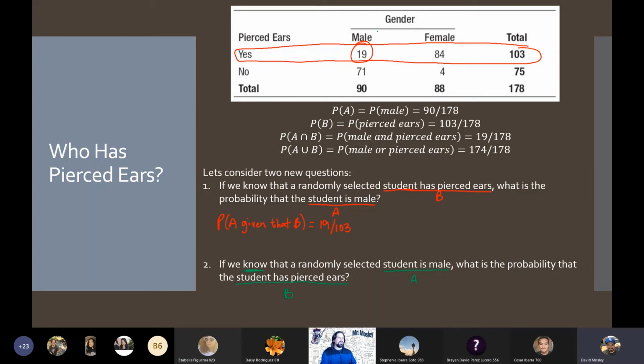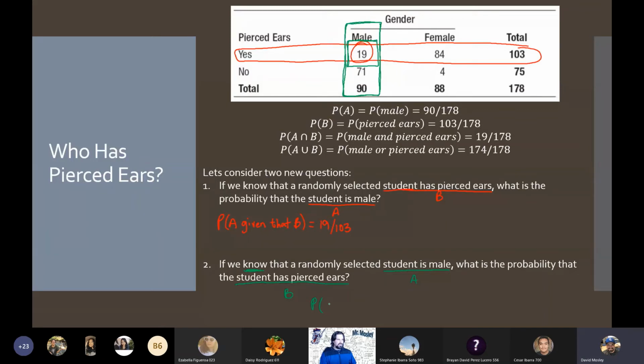Right? So that means this time I only have to consider this column of data, the male column of data. That's my start point. I know the student must be male. That's given. So what's the probability that the student has pierced ears? Once again, we're looking at the 19 male students with pierced ears.